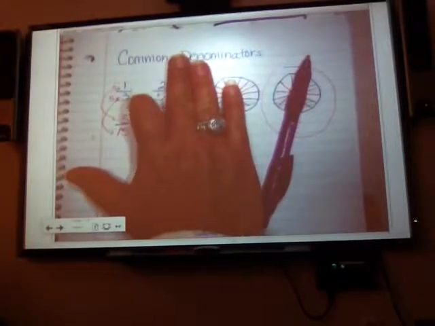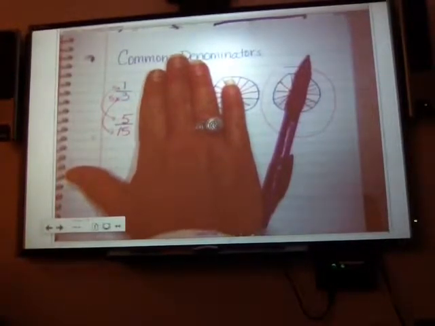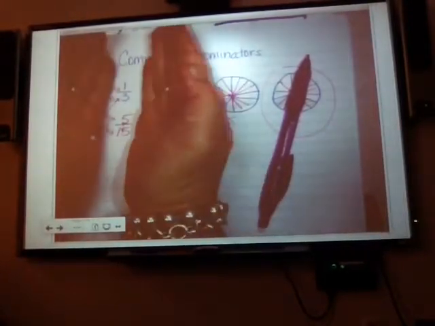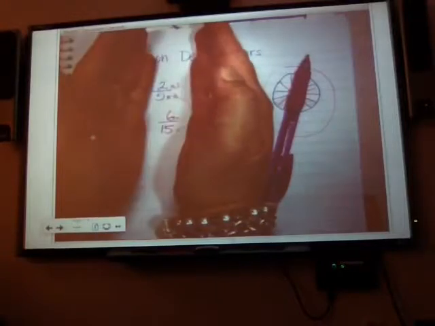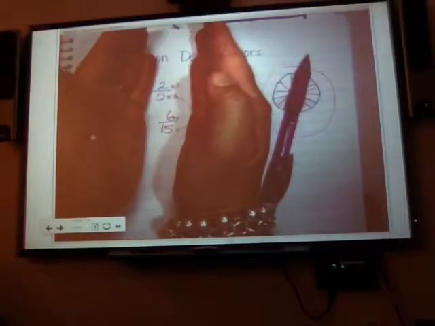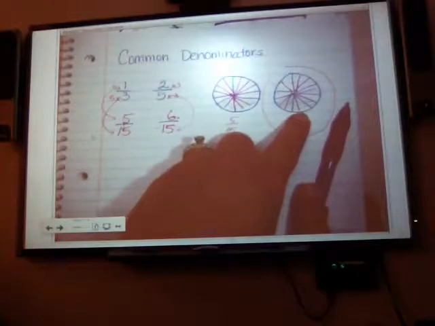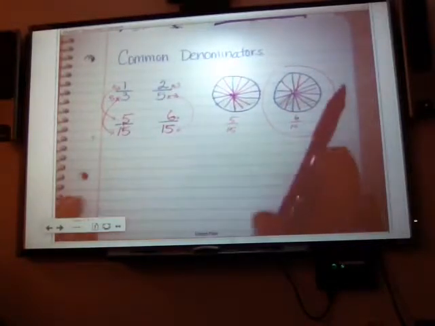What did I make? Common denominators. Yes, we all make them common denominators, but the relationship of these versus these. What is 2/5 and 6/15? Equivalent. Good. Equivalent. Which is a fancy word for what? Equal. 6/15 is the exact same as 2/5.